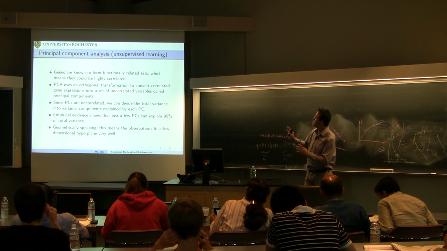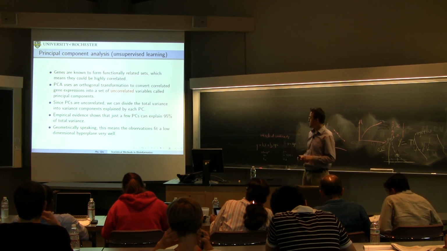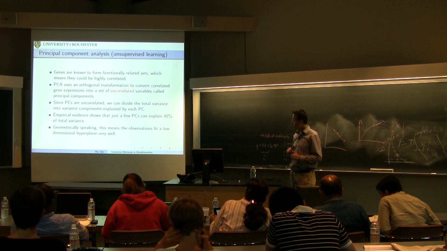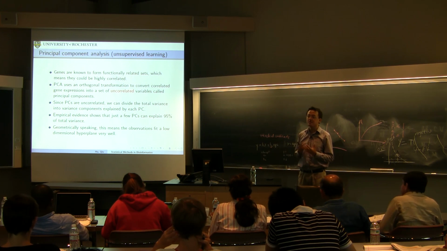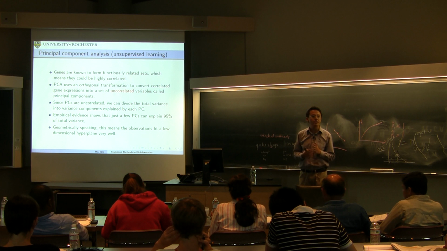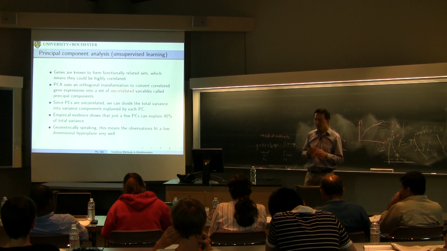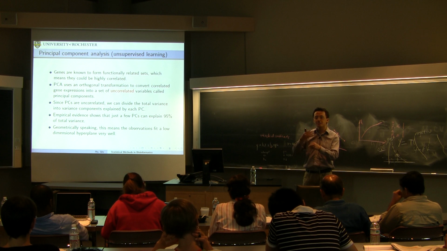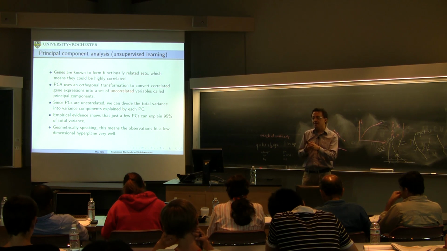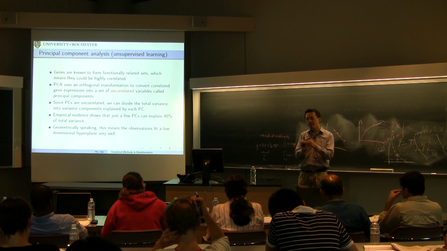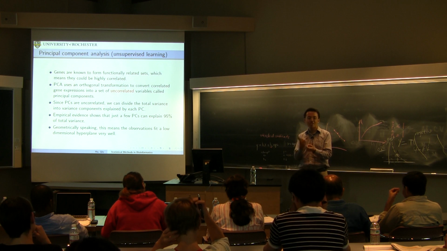This is principal component analysis. The idea of the principal component analysis is, as I said, genes are highly correlated to each other. Think about it, essentially you only have one gene, and then you duplicate your genes 100 times. At the end, it seems like you have 100 genes, but in fact, you only have one, right?